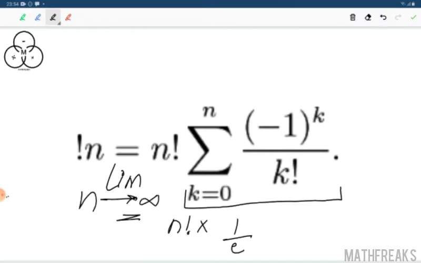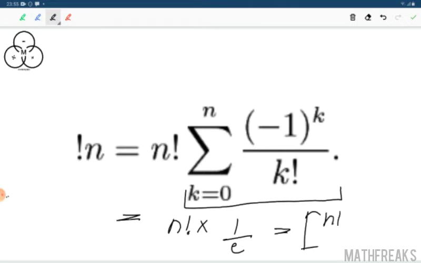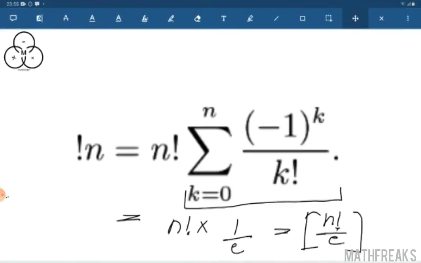So for approximation we can use this, which will give us almost the accurate result.